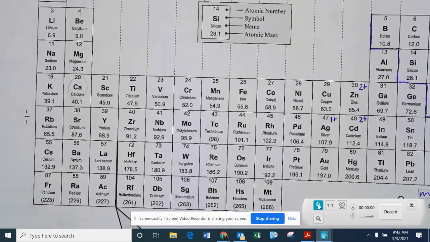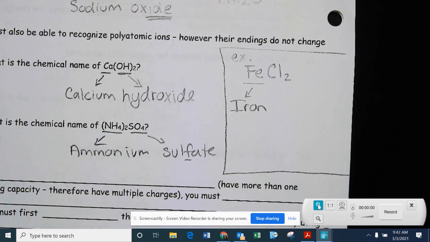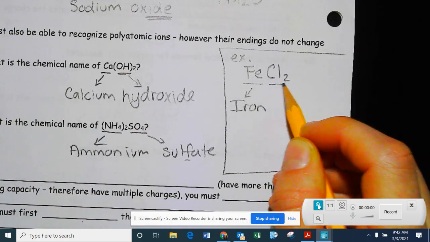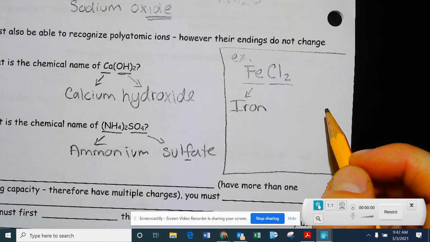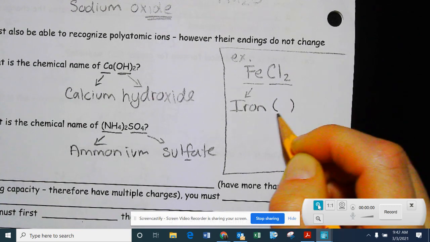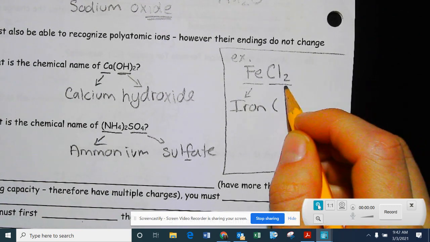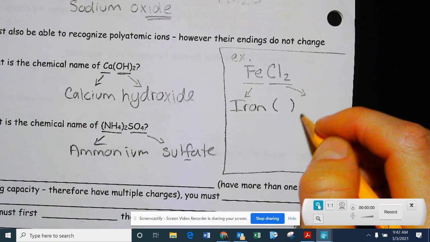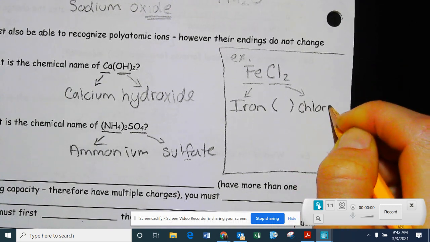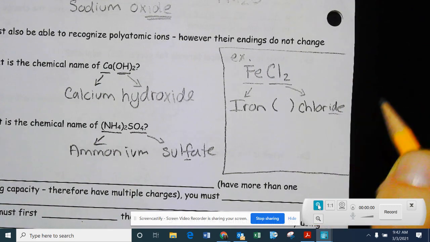No. So we need to figure out what the charge of iron is based on this formula, and we need to put it in Roman numerals. So I'm just going to leave a space for that. Cl, that's chlorine, right? So I'm just going to go chlor, change the ending to IDE, chloride.